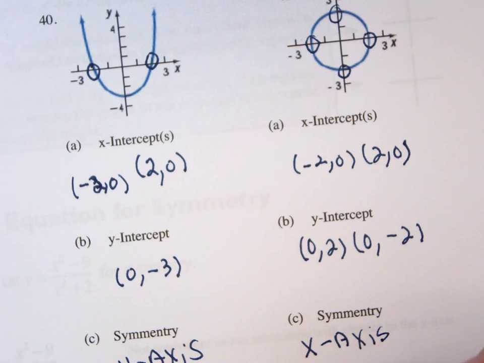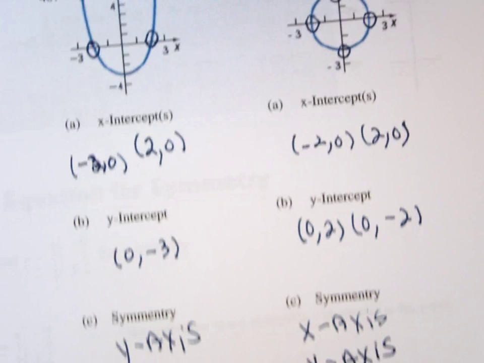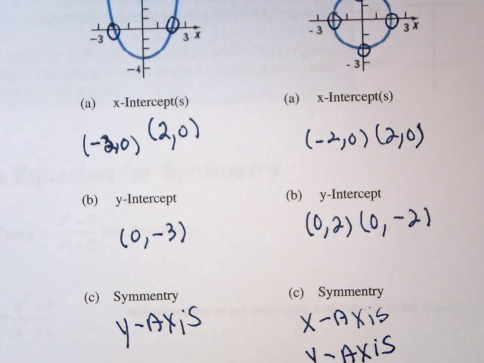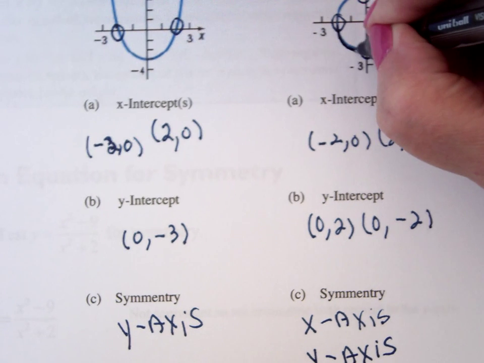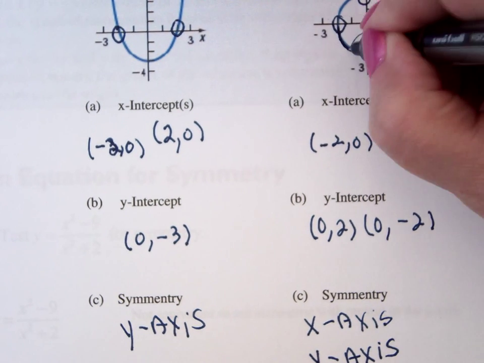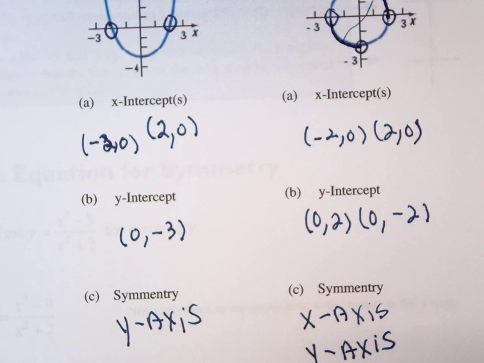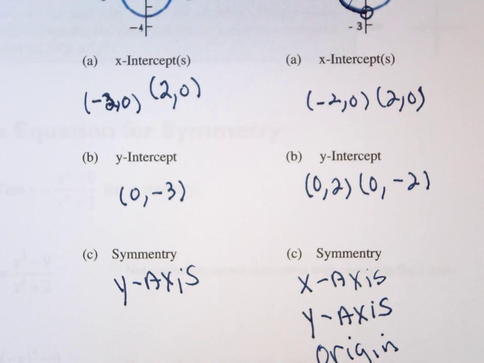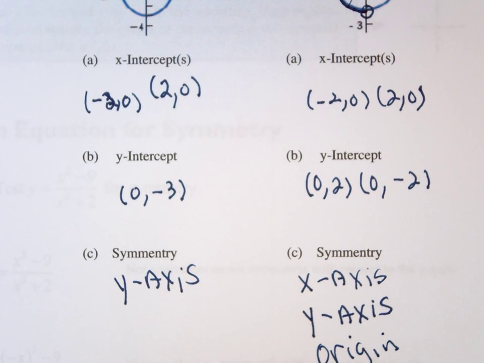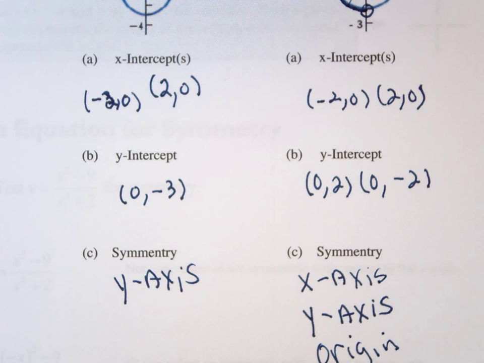Y-axis. And if I look at this, here's this piece, is his image across. Yeah, so origin. So he's symmetric to all 3. Circles are, because circles are nice. Well, sometimes nice. Not all the time.